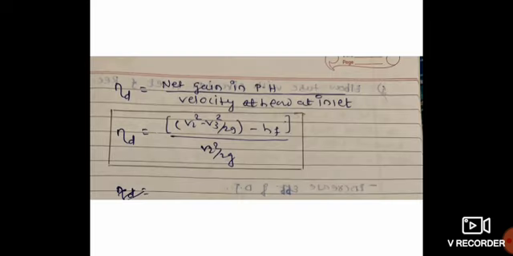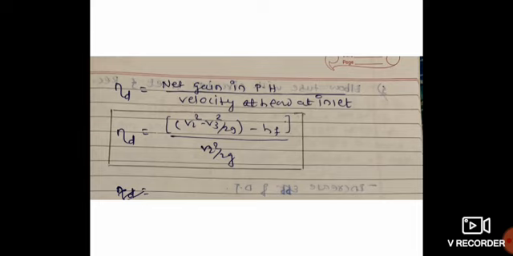So the efficiency is the net gain in pressure head, that is, kinetic energy converted to pressure energy, divided by the total kinetic head available at the inlet of the turbine.